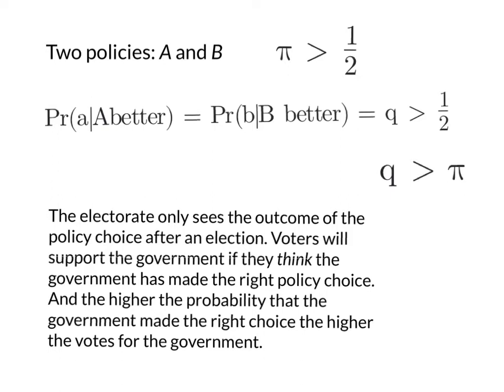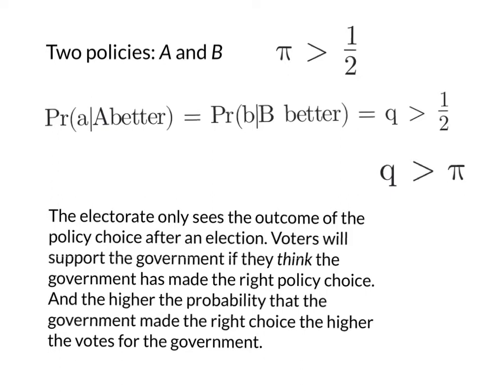Indeed, they're going to be more likely to vote for the government the more certain they are that the government has made the right choice. In other words, the higher the probability that the electorate has that the government has made the right choice, the higher the votes for the government. If the electorate thinks, well, there's a 51, 52% chance that the government's done a right policy choice, pretty much a flip of the coin, they'll support the government a little bit.